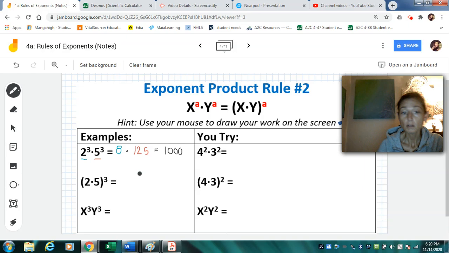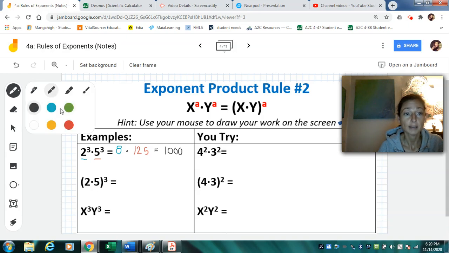Now, if you have two things that have the same exponent, you can push that into a parentheses and first multiply what we call the bases, which is the number that has an exponent on it, and then take that to this exponent. So if I have 2 times 5, that makes 10.